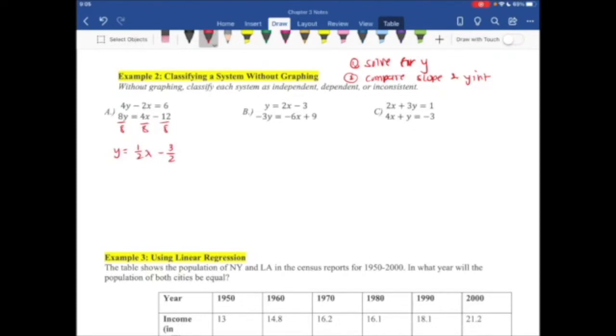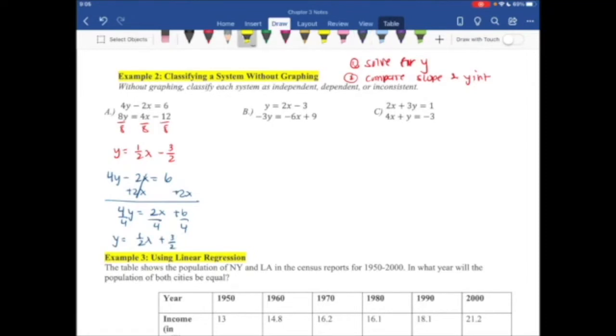Do the same thing with the top equation, 4y minus 2x equals 6. Add 2x to both sides, so 4y equals 2x plus 6. Divide everything by 4, and y equals 1/2 x plus, reducing that fraction, 3/2.